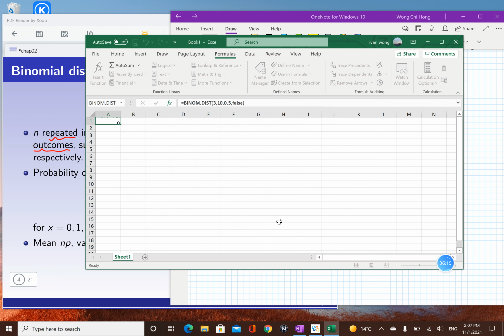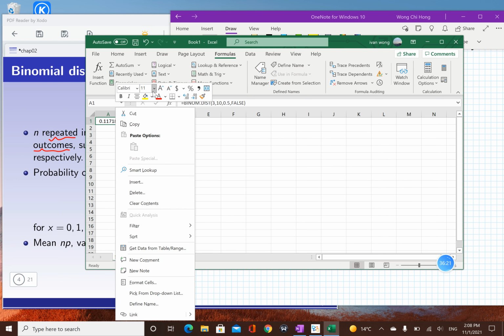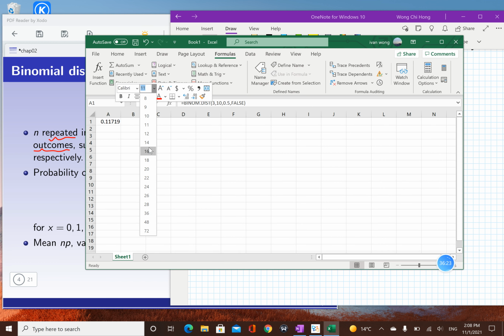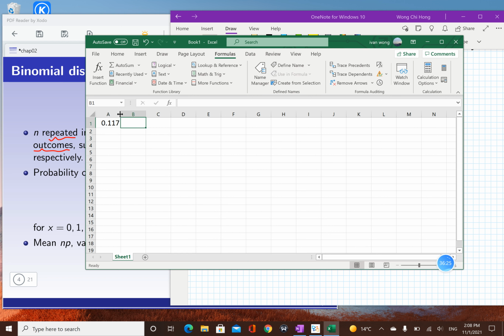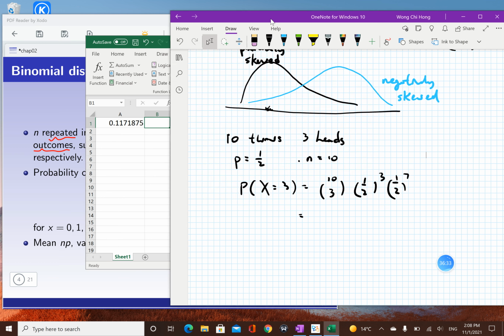Then I can work out the probability here. Okay, 12%, 11.7 if you like. 11.7%.